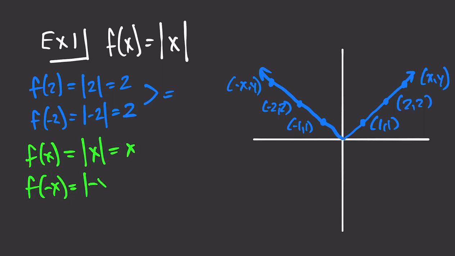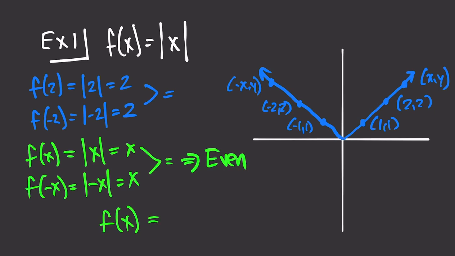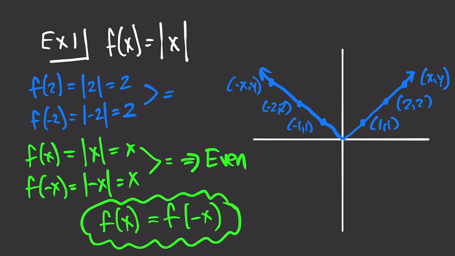You plug in a negative x, the absolute value of negative x is also x. So those two results are equal. Therefore, my function is even. To prove a function is even, you need to show that f of x equals f of negative x. That's the big test for whether a function is even.